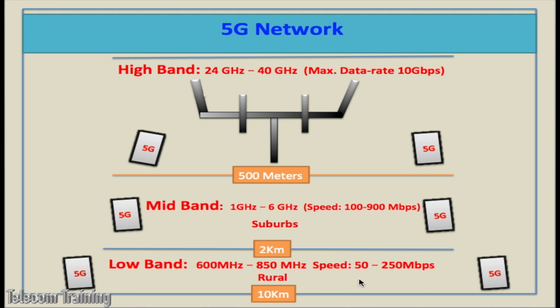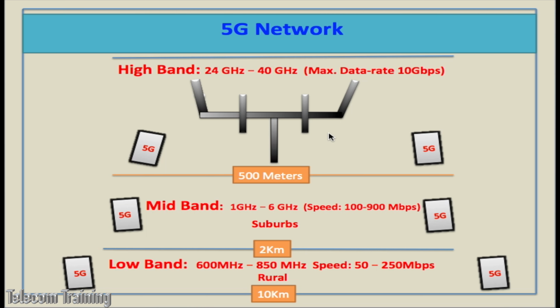In here, you'll get something like 100 megabits per second right here at the 2 kilometer line. And right down here at the 10 kilometer line, that would drop to about 50 megabits per second. But if you go right back up here, and for whatever reason you couldn't receive the 24 to 40 gigahertz frequency, or the mid-band frequency from 1 to 6, the next frequency that you would pick up would be this one. You will get this frequency of between 600 megahertz and 850 megahertz at something close to 250 megabits per second in this area here.